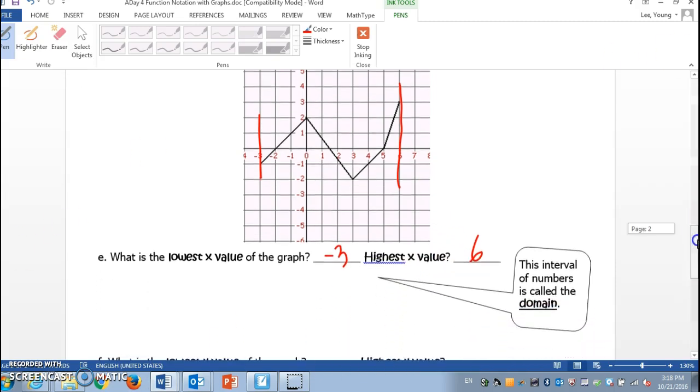And this interval of numbers is called the domain. So the domain of this graph starts at negative 3 and ends at positive 6. Okay. And in order to find the domain, we need to scan from left to right.